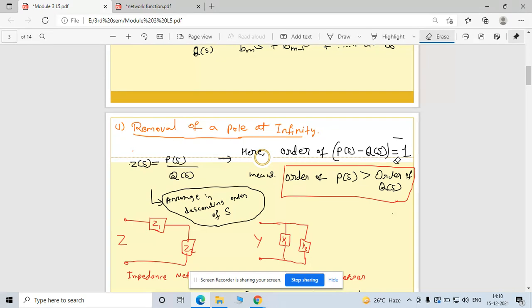It means your powers must be the same or differ by 1. So when you consider removal of pole at infinity, the order of numerator is greater than the order of denominator by 1.